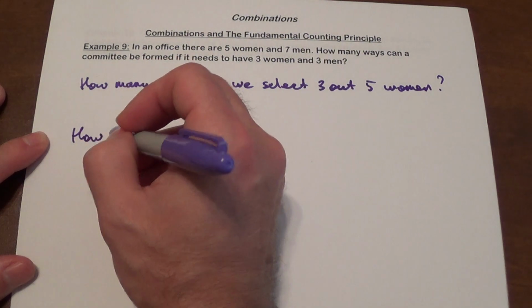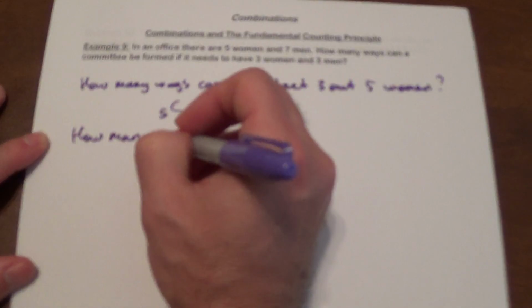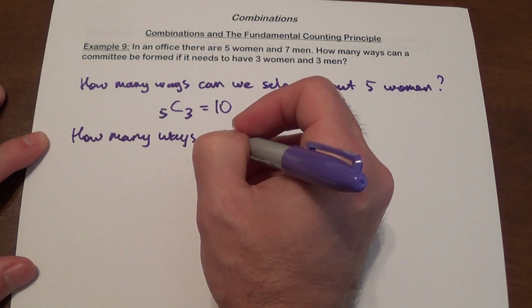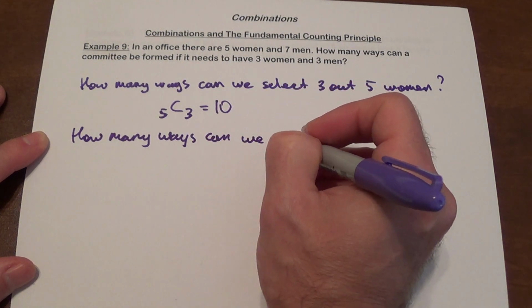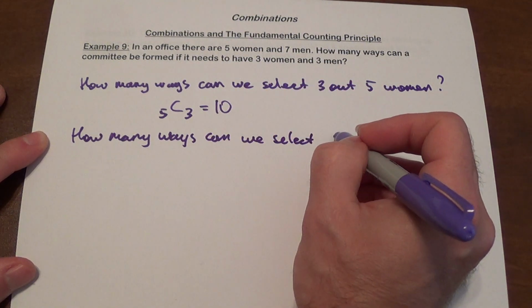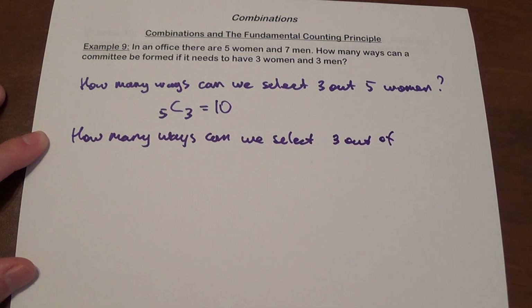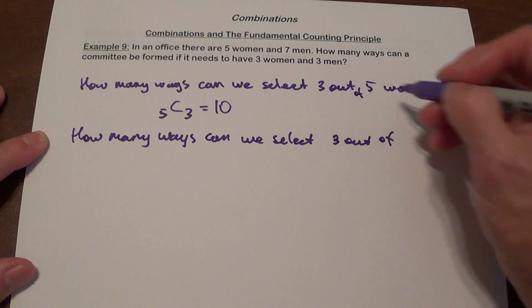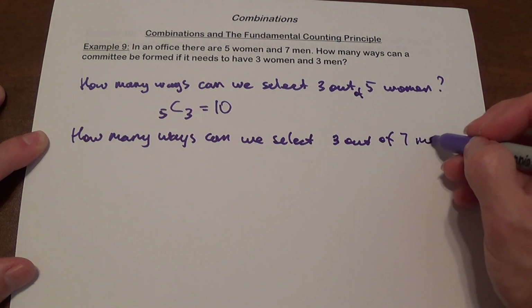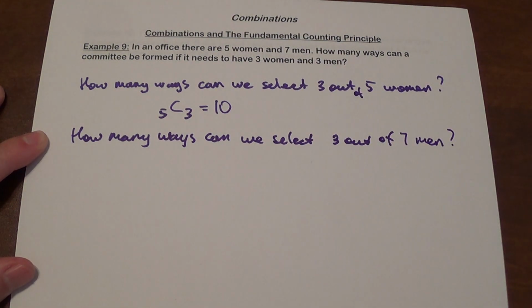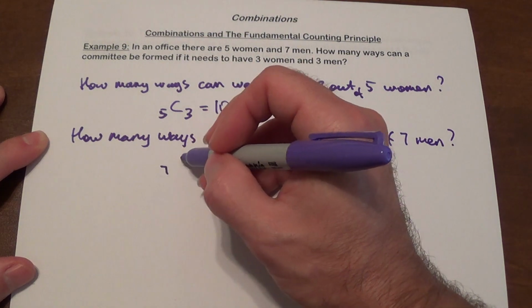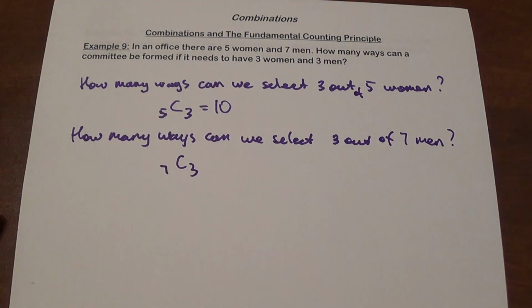Again, the question is how many ways can we select 3 out of 7 men. So that will be 7C3, and 7C3 is going to be 35.